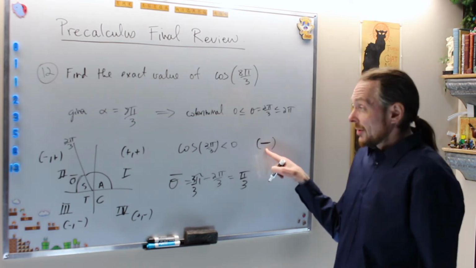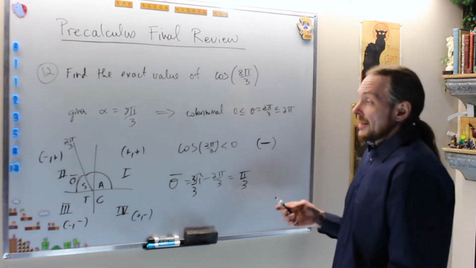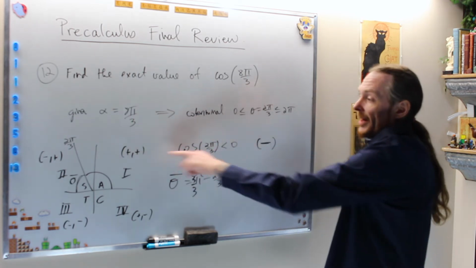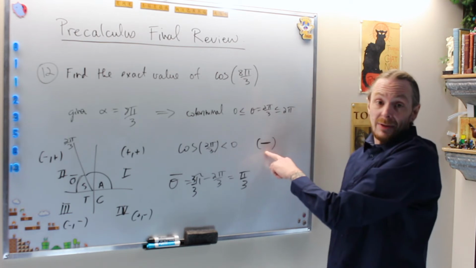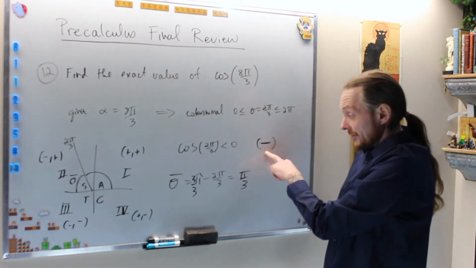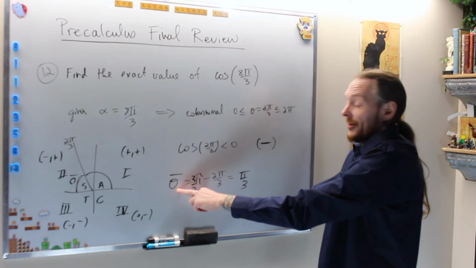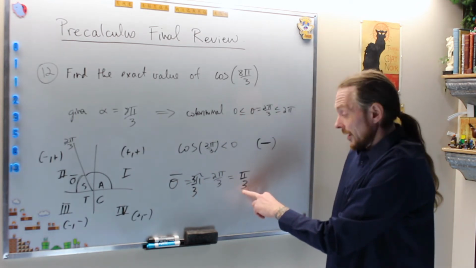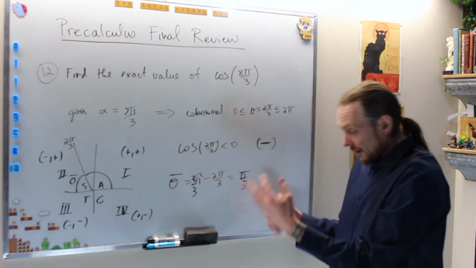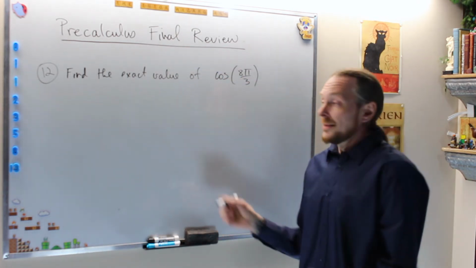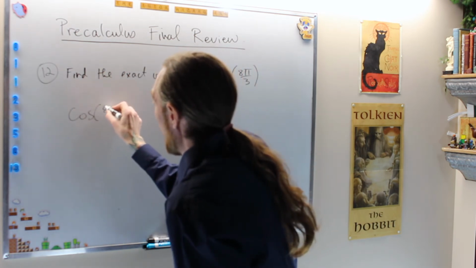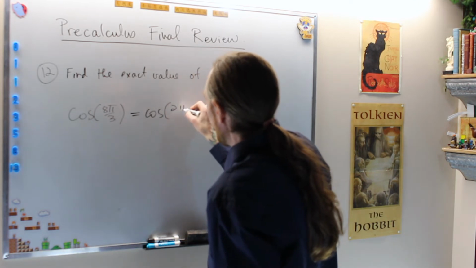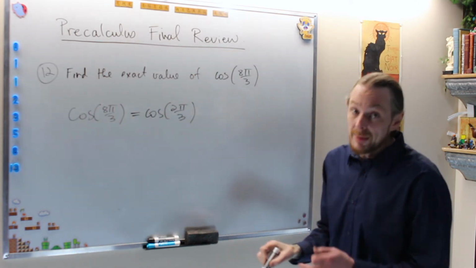We know what sign it is going to be, and then I piece it all together. Step 1, cut off excess revolutions. Step 2, find out what quadrant you're in and the sign of your trigonometric ratio or exact value. And then step 3, find the reference angle dependent on which quadrant you're in. We put that all together, and what does it give me? This says that cos of 8 pi over 3 is equal to cos of 2 pi over 3 because they're coterminal.